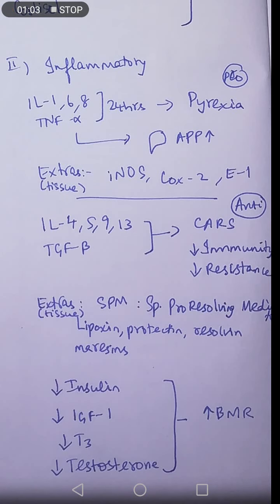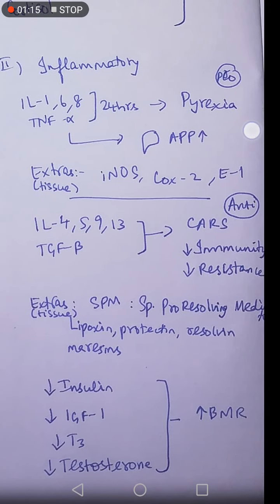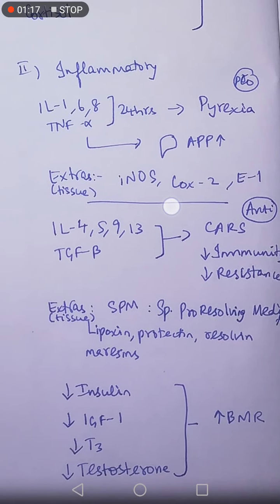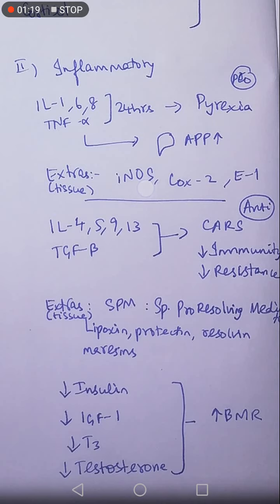So for inflammatory cytokines there are a few numbers for you to remember, which I can make simple. The first part is the inflammatory process, and from there on is the anti-inflammatory process. In the first part, interleukin 1, 6 and 8 are all present, and TNF alpha is also present.